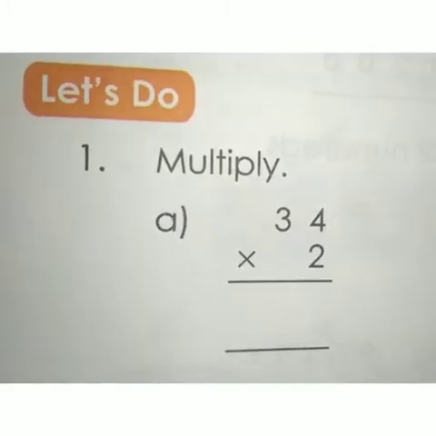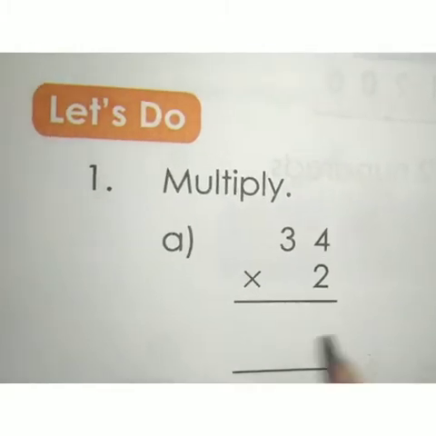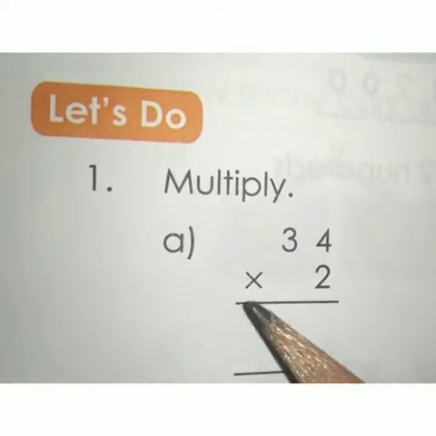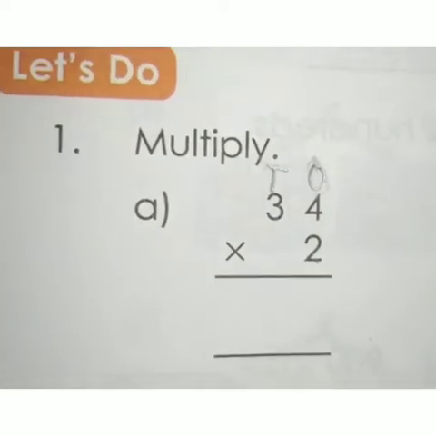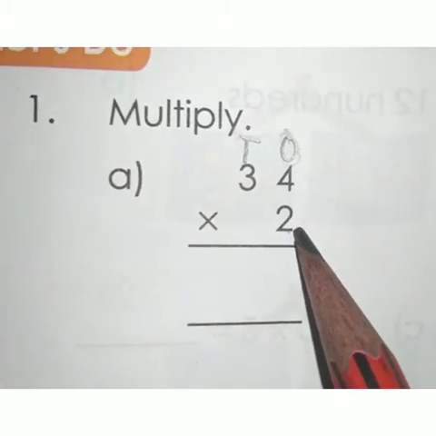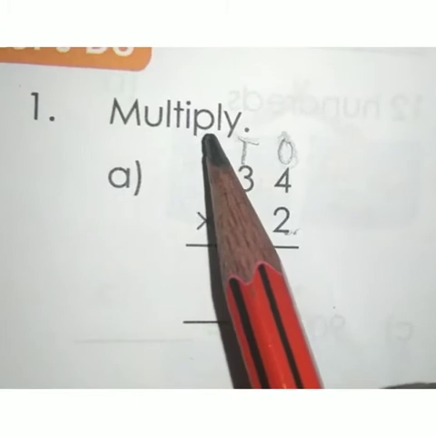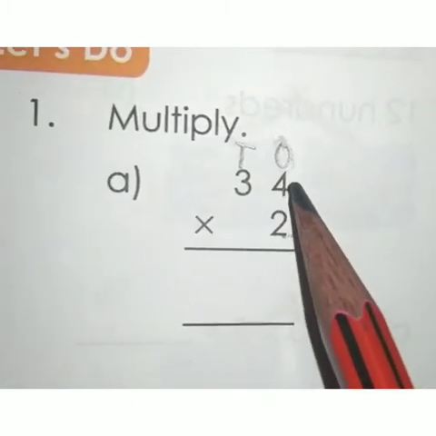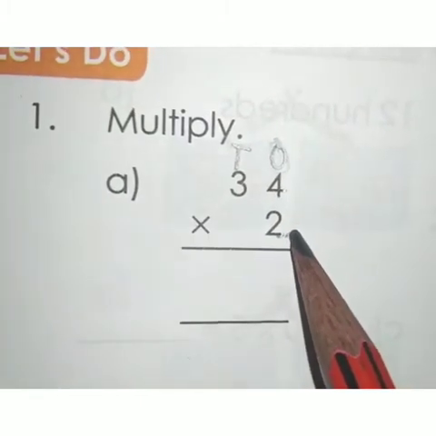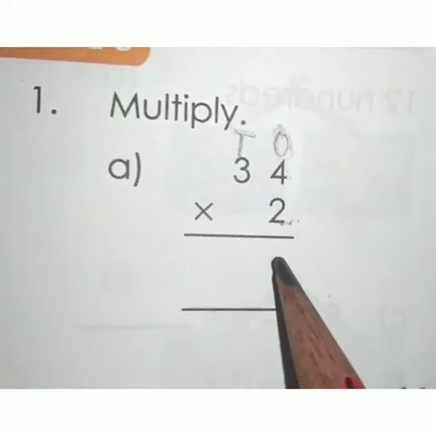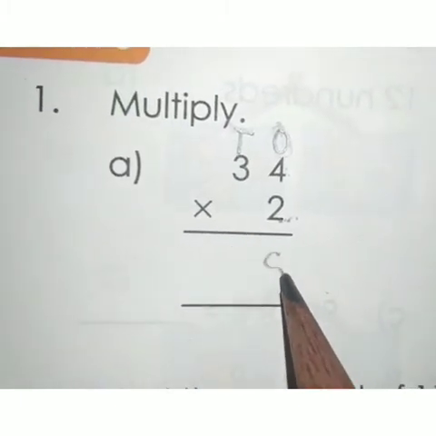So if we get the answer like this, then this is called the product of these two numbers. Let me do another multiplication: 34 into 2. Under ones place we have to write the single digit number 2. Now the multiplication starts from ones place. In ones place 4 and 2 are there. So multiply these two numbers. 4 into 2, 2 fours are 8.